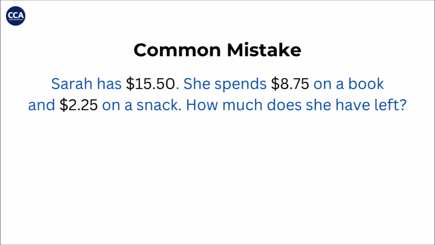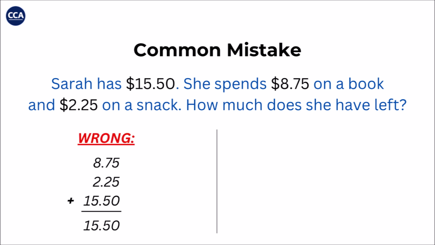Here is the most common mistake in decimal word problems. A student reads, Sarah has $15.50. She spends $8.75 on a book and $2.25 on a snack. How much does she have left? The student adds 8.75 plus 2.25 plus 15.50, combining everything into one big addition. That's wrong.